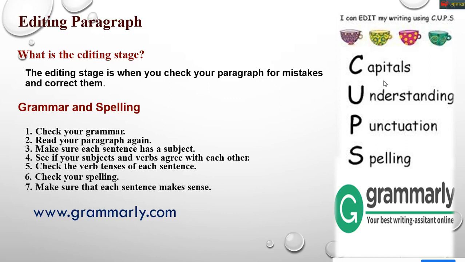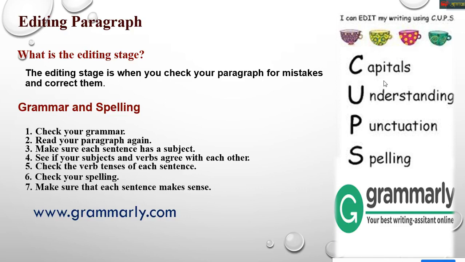Okay, then U. U stands for understanding. This is very important because if you fail to develop sense in your paragraph, your reader will not feel comfortable while they read it or listen to it. And then P, punctuation, is of course very important.